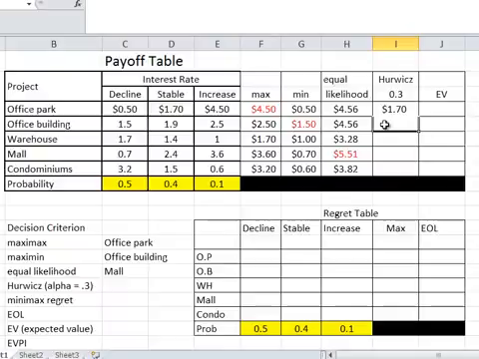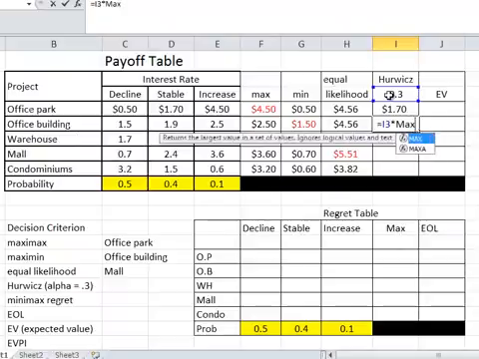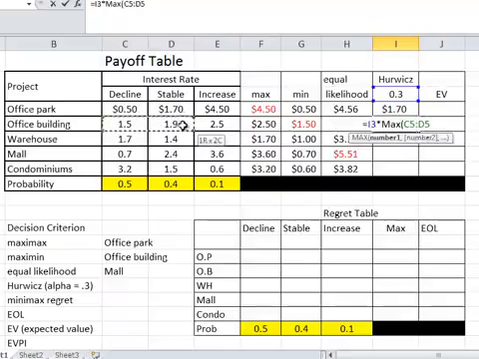Here's what I'm going to do. Okay, there's a 30% chance we end up with the best scenario. And what's the best scenario for office building? Essentially, this is what we are trying to do: 0.3 times the maximum value among 1.5, 1.9, and 2.5.